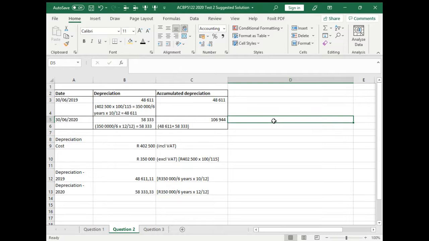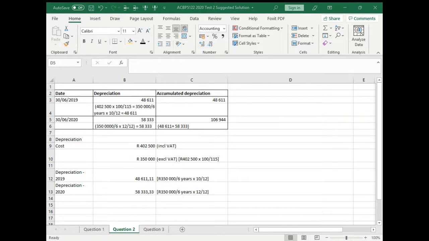Okay, so what we're testing here is, do you know how to work out depreciation if the asset is not for a full year? If we give you the useful life instead of a ratio or percentage? And then do you understand that accumulated depreciation is all of your depreciation summed up to get to the total depreciation charge? Okay, so that is what they wanted for question 2.